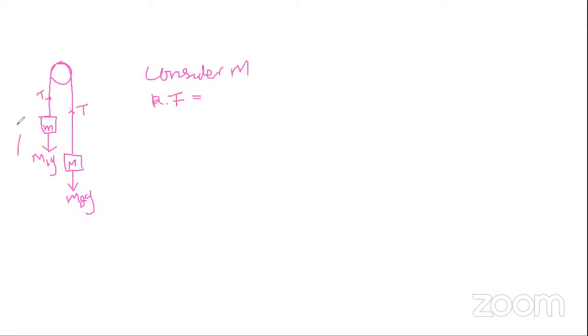Yes. So our acceleration here is going upwards, and here it is moving downwards. So when we consider the m, here we shall say T is going to be greater than m1g, since the system is moving upwards.